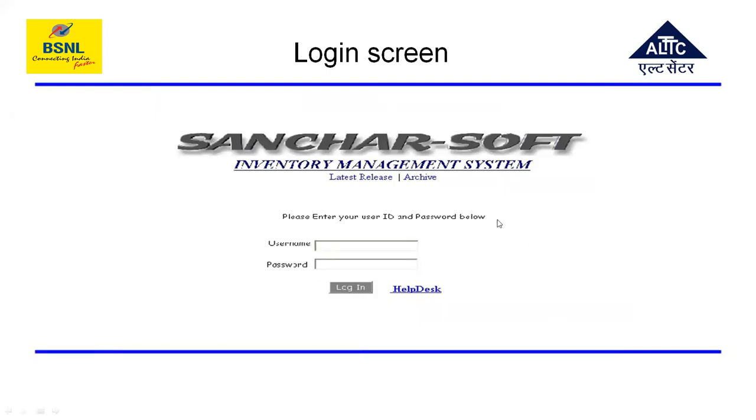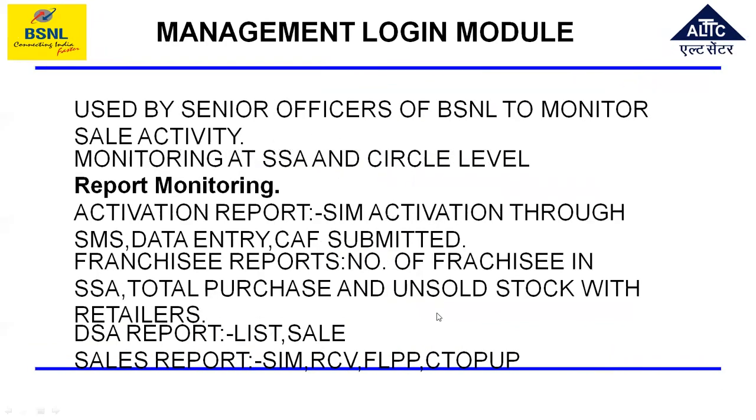An authorized person is given a username and password, and after entering, can access different modules as per their rights. Senior officers of BSNL who log in can monitor sales activity at SSA and circle level, reporting, activation reports, SIM activation through SMS data entry, and CAF submission. Franchisee reports can also be directly accessed by the management login module, including the number of franchises in the SSA, total purchases and unsold stock with retailers.